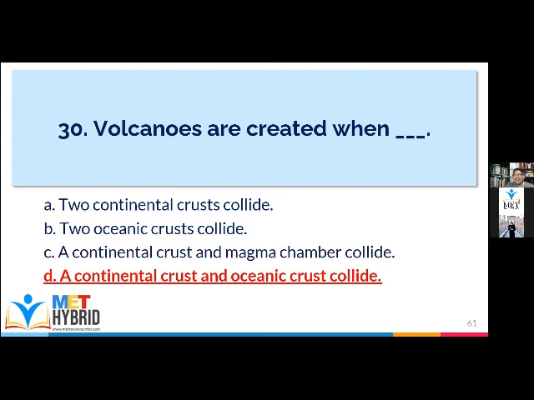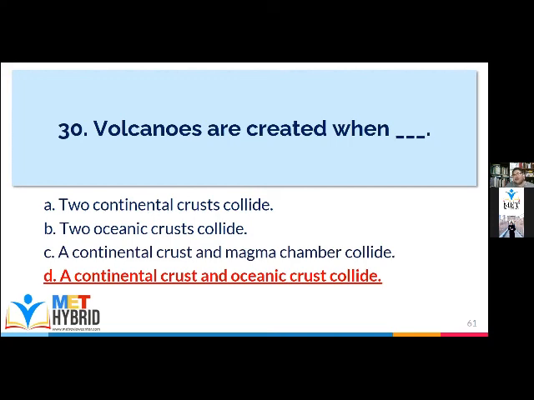Then you have the mantle, then you have the core. You have outer and inner mantle, and also the outer and inner core. Your crust is comprised of two types: oceanic and continental crust.